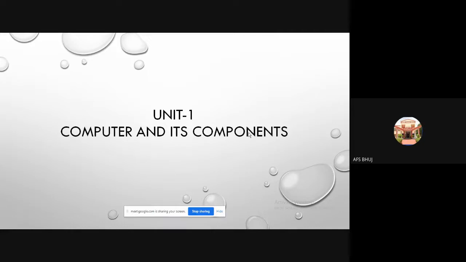We are going to discuss these in this chapter. Still, in the first chapter they have given this just to revise everything you have learned in the earlier classes. So that's why I'm explaining now. I'm starting with what is a computer.